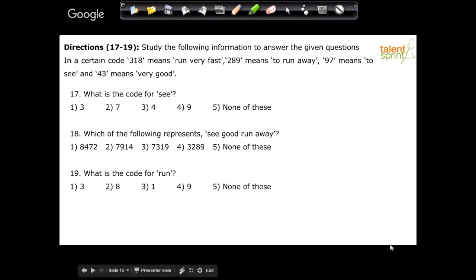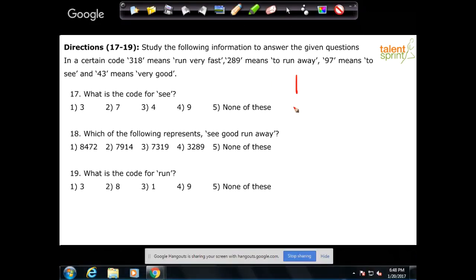Now if you see, boys and girls, there are altogether 7 numbers in this combination. The numbers here are 1, 2, 3, 4, and then 7, 8, and 9. Let's exactly see which number represents what.